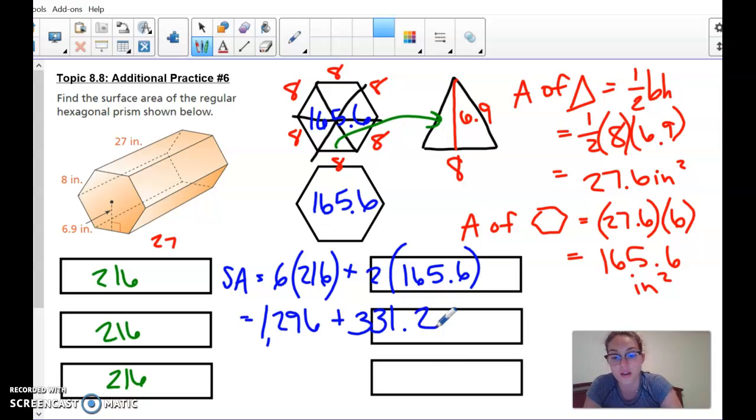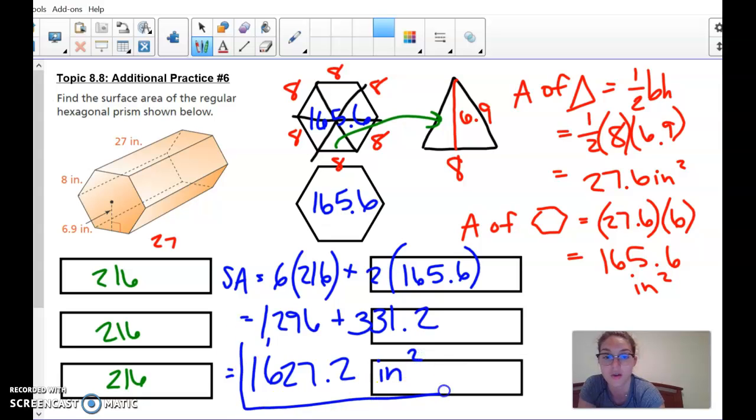So 1,296 plus 331.2 ends up being equal to 1,627.2 inches squared. That is going to be the final answer for the surface area of this hexagonal prism.